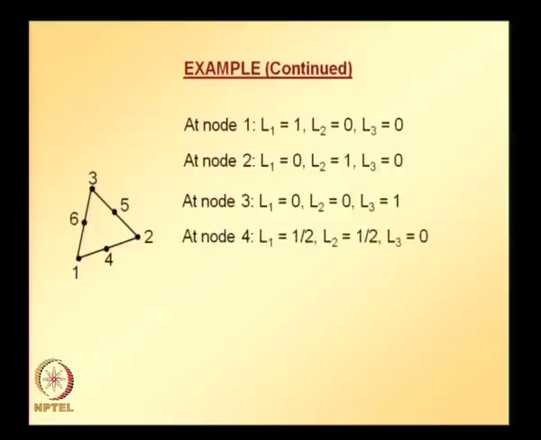Now comes the new thing, that is at node 4. Imagine node 4 joined with each of the vertices. Already node 4 is along side 1 2, so it is already connected with 1 and 2, and now connect by an imaginary line node 4 to node 3.